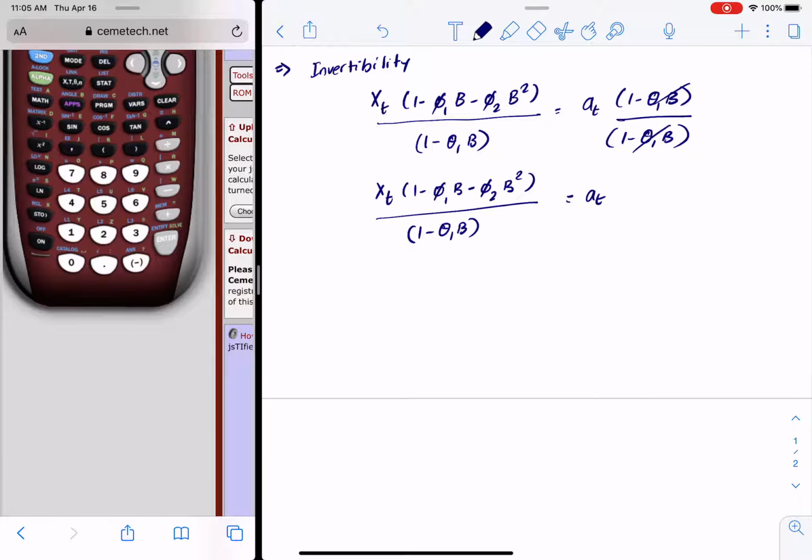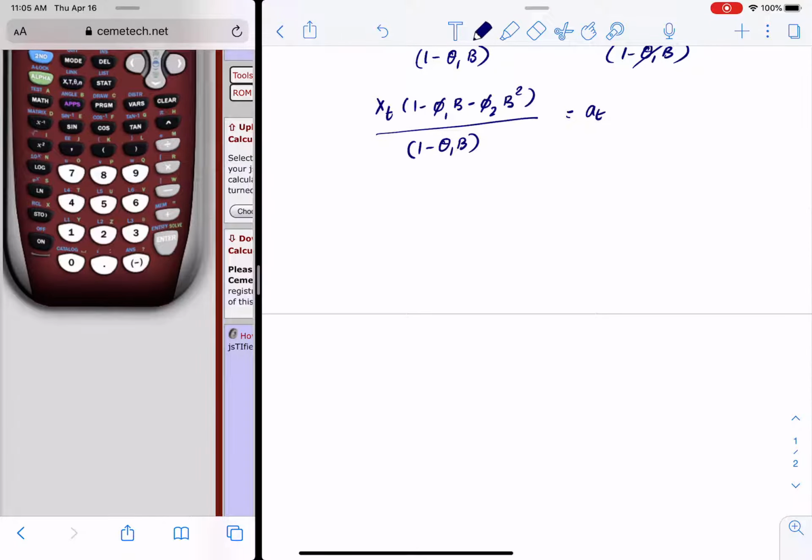And I could rewrite this either in terms of the characteristic polynomial s, or just keep it in terms of the backwards operator. So I like to write it in terms of s.